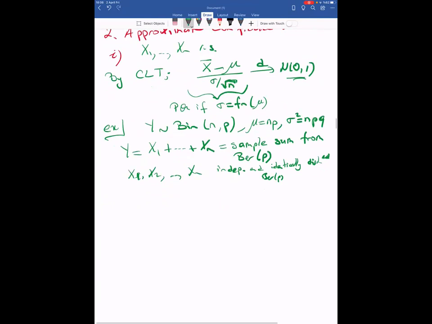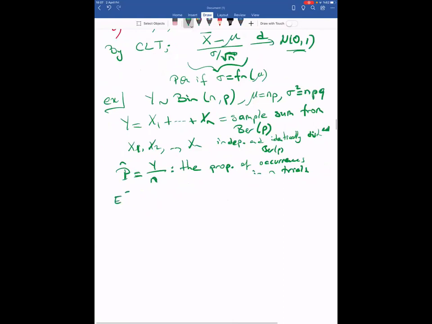So when we consider the proportion here, we showed from the previous semester that this y over n is the best estimator for p. Remember, the proportion of occurrences in n trials.